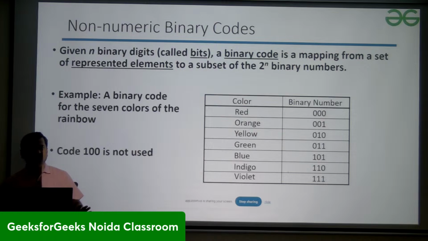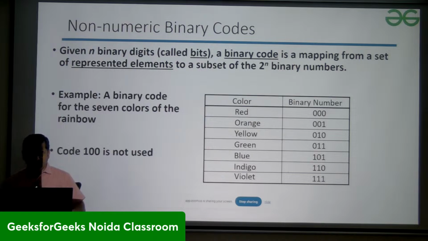How do we represent the information? Eight possibilities are there, but we need to represent only 7 pieces of information, so one is additional. Whatever you like, you can ignore. Here, code 100 is not used in this particular case. You can miss any particular one.